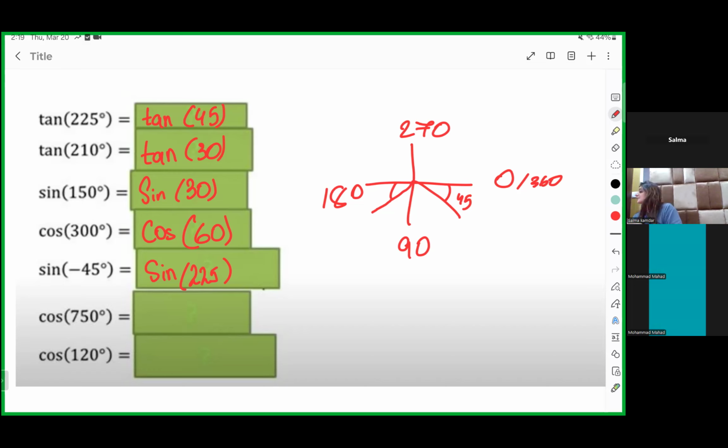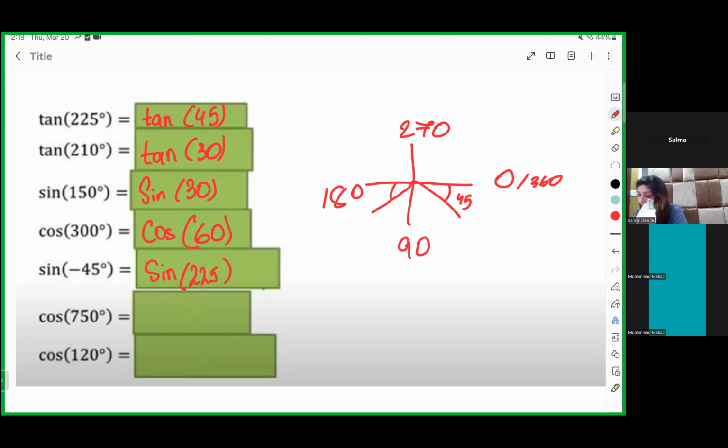Cos 120 is equal to 180 minus 120, which is 60 degrees. One minute. 0, 90, 180. 120 is over here.